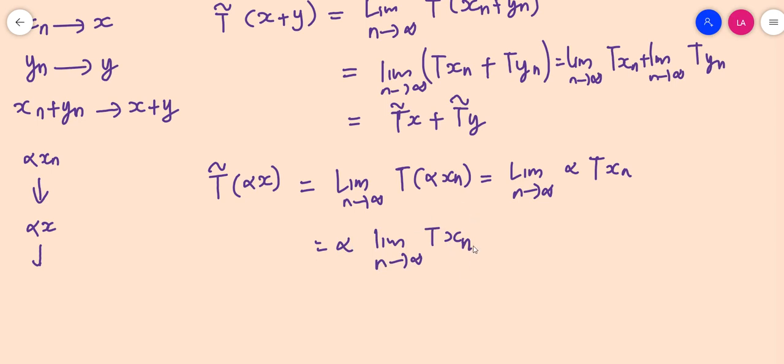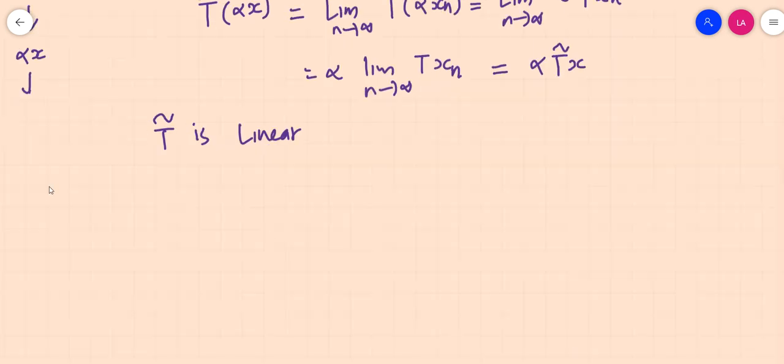Since T is linear and xn converges to x, the limit of T of xn is T tilde of x, which gives alpha T tilde of x. So both parts are established, which means T tilde is a linear operator.